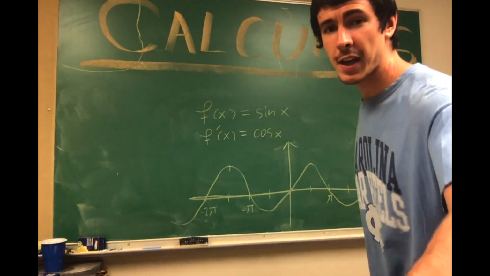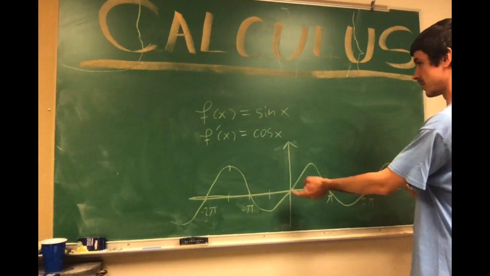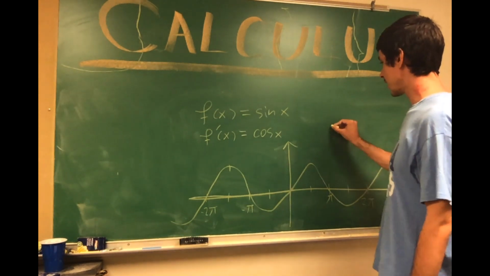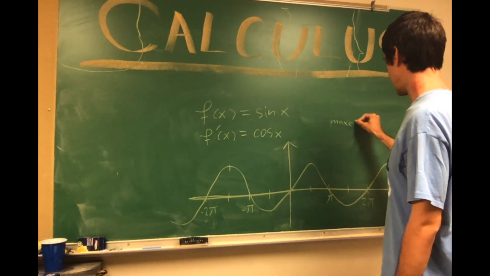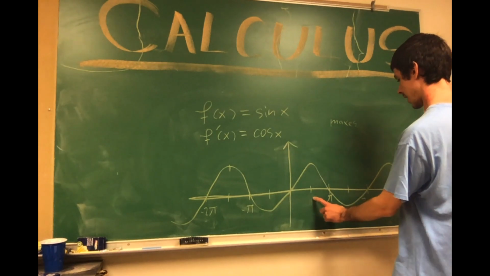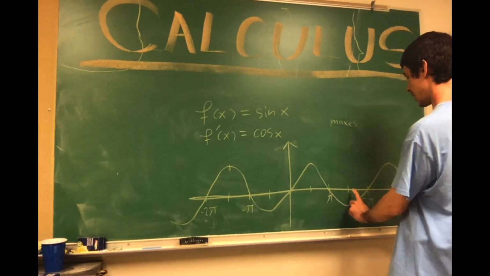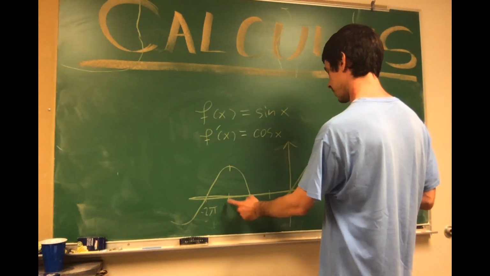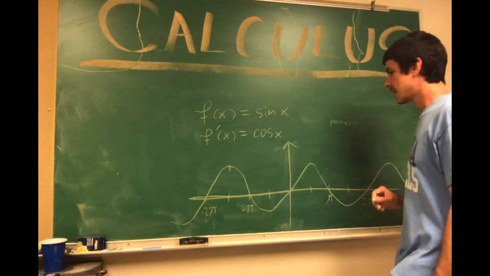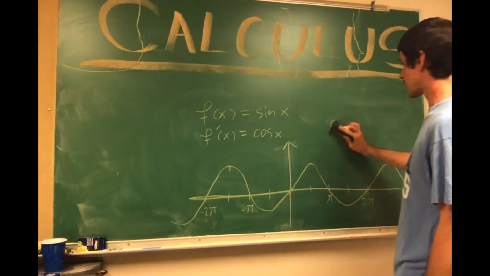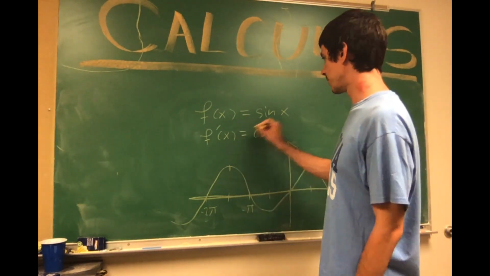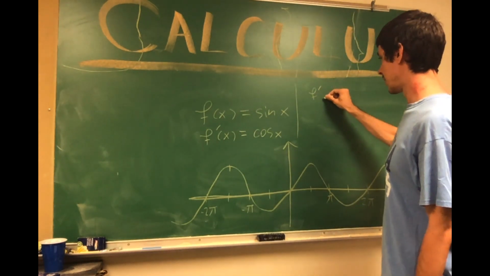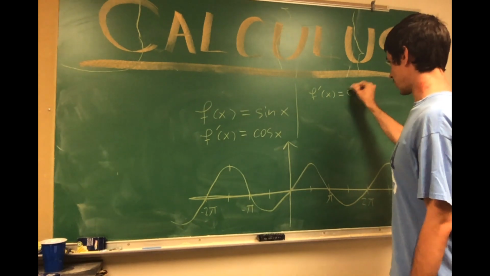So just by looking at the graph of sine of x, you can immediately see that the maxes are at pi over 2, 5 pi over 2, negative 3 pi over 2. But let's look at all the places where f prime of x equals 0.